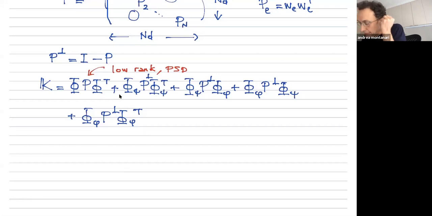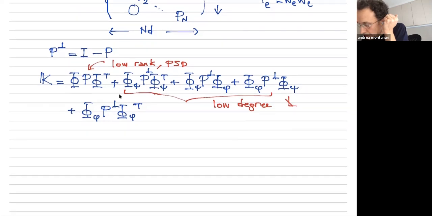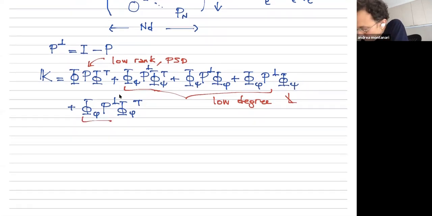And now this part is a low degree part. Let me call it L. And this is really the most interesting part. This is the high degree part. Let me call it K bar.